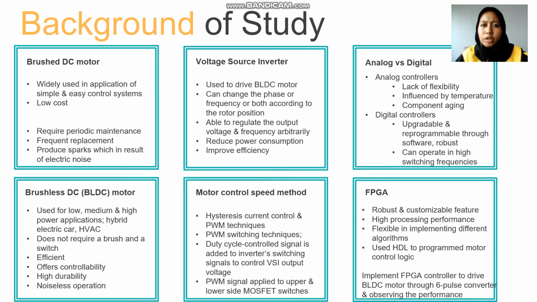The choice of digital controller that is going to be used in this project is FPGA, which is robust and customizable. It has high processing performance, and is flexible in implementing different algorithms using HDL to program motor control logic. Therefore, the study is conducted to implement FPGA controller to drive BLDC motor through 6-pulse converter and observe the performance in detail.